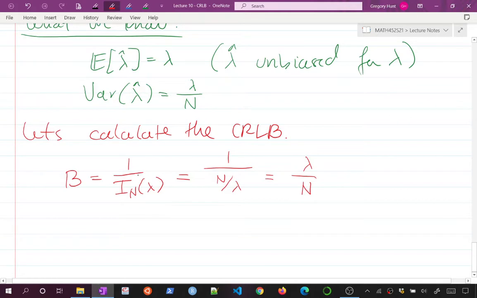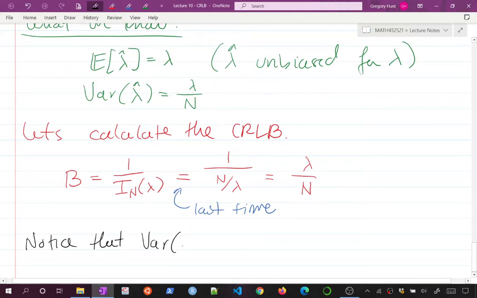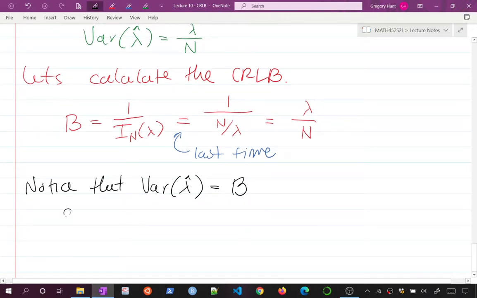And I'm just using the fact from last time that we had already done the calculation for the information. So notice that the variance of lambda hat is equal to the Cramer-Rao lower bound. It achieves, so lambda hat we would say achieves the Cramer-Rao lower bound.